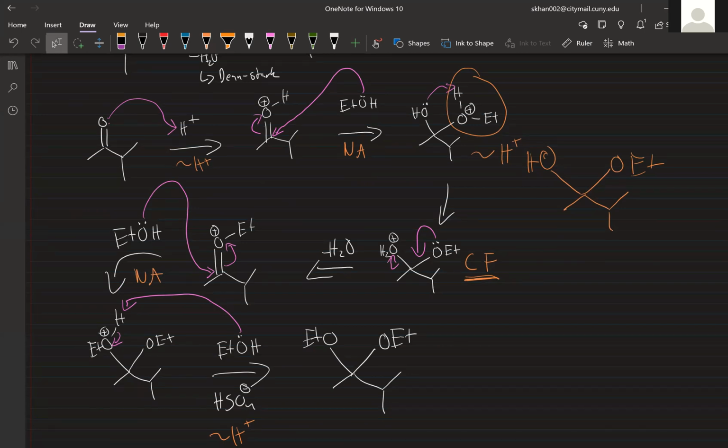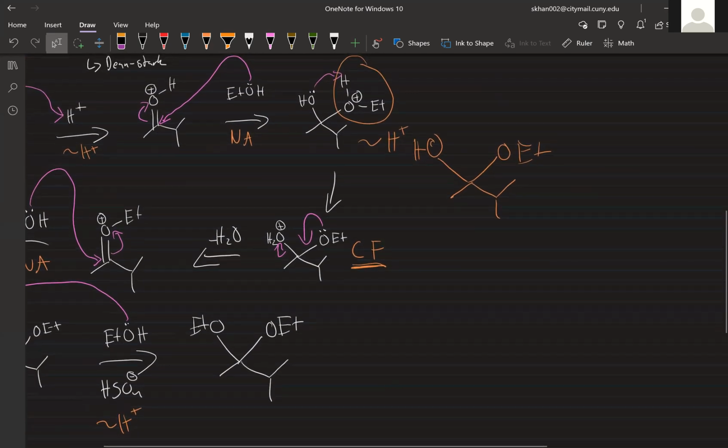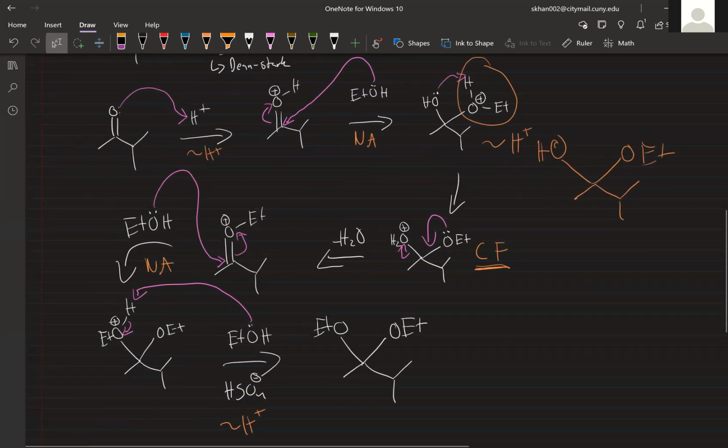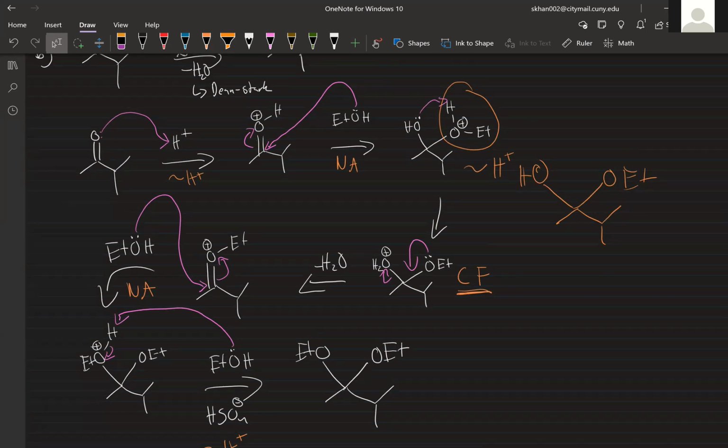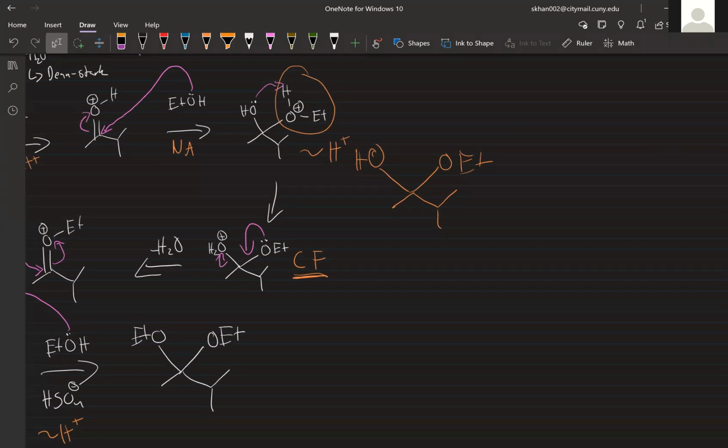It's very hard to isolate the hemiacetal. I'm sure you can do it, it's just not easy. So I'll show that for the next step, I guess. I kind of forgot because I just did the deprotonation. In terms of your mechanism, it's important to know that structure does exist, right?